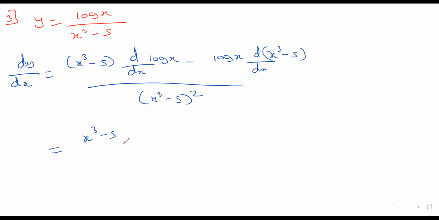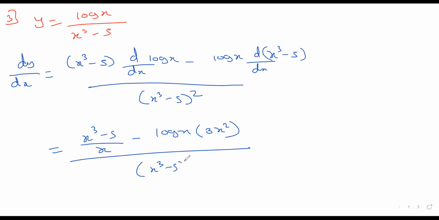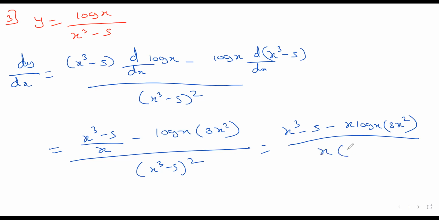This is x cube minus 5 upon x minus log x into 3x square, whole thing upon x cube minus 5 bracket square. You can keep it as it is, or you can equalize the denominator in the numerator. It will be x cube minus 5 minus x log x 3x square upon x cube minus 5 bracket square.